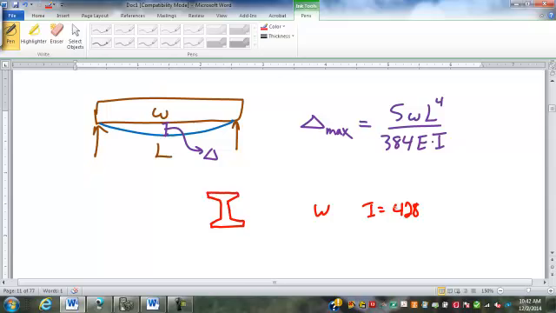I forgot what I listed there as what beam I was using. So it's a W14x43. I is 428. Now that's steel, so we need to know our modulus of elasticity. For structural steel, we can go back to our tables.